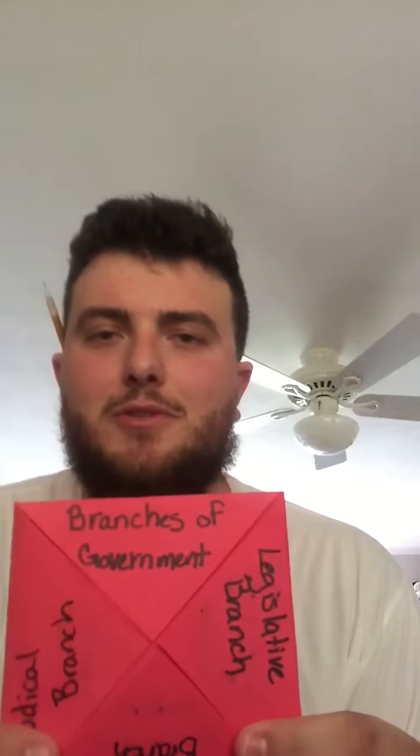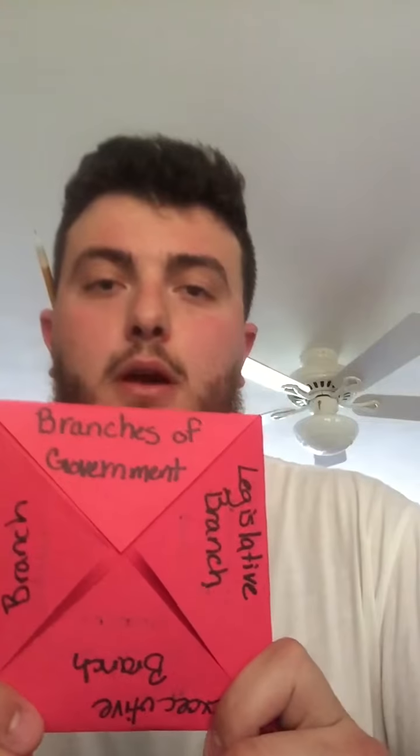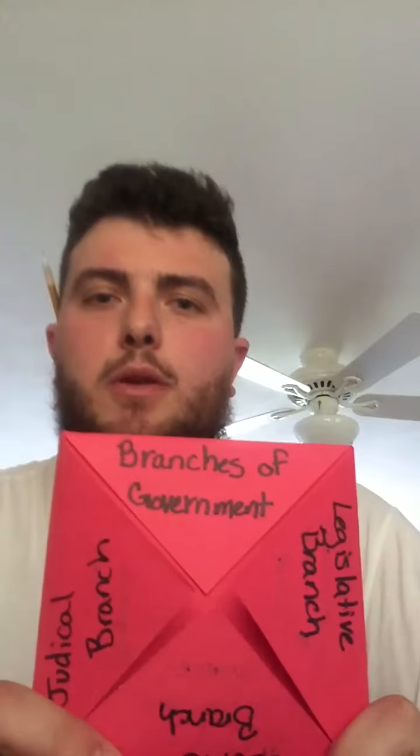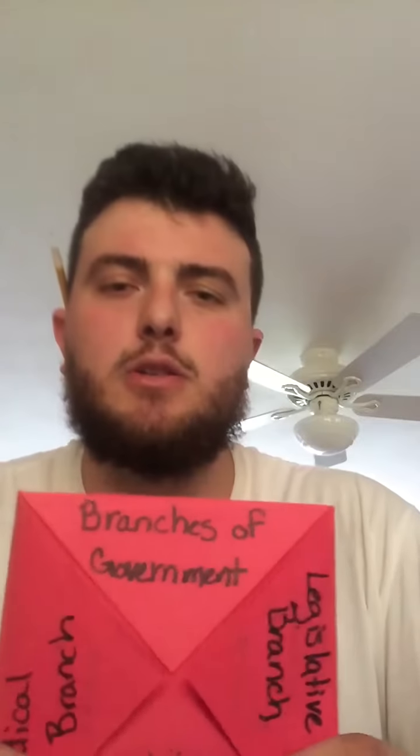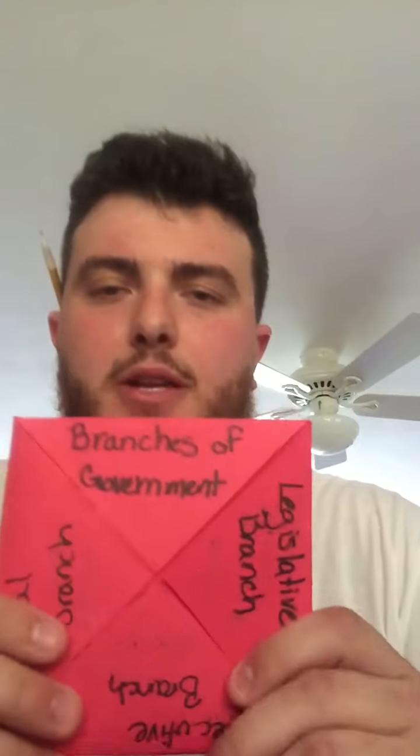And finally, I know I'm using the same color construction paper, but it's just what I had. This is for social studies, and it helps students remember not just what they do, but also what's classified under that. This piece is closed, just taped, but it has branches of government.